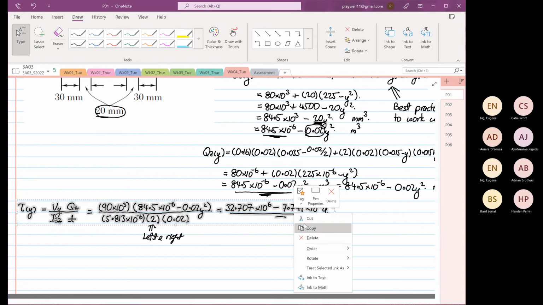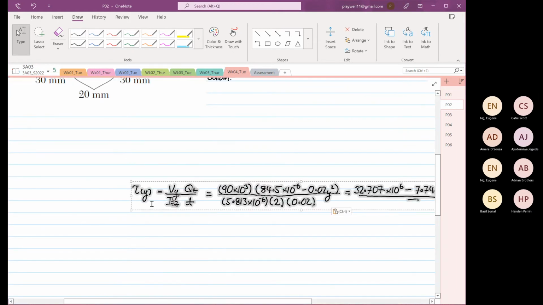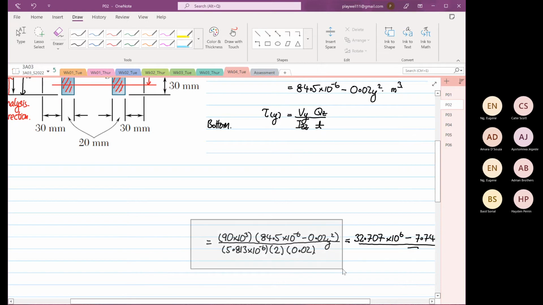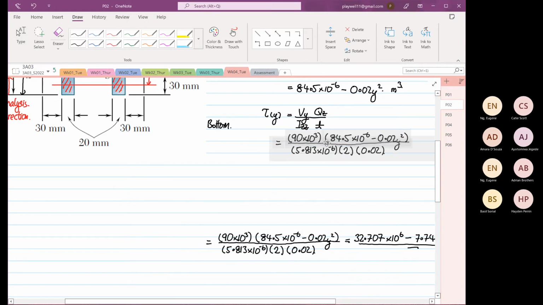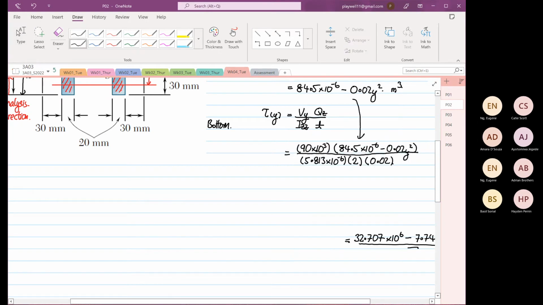All right, I can copy, and then I go down here. I can paste. Why I could do this is purely because only the first moment of area changes, right? And then the equation is exactly the same. Okay, so I just put this over here, right?